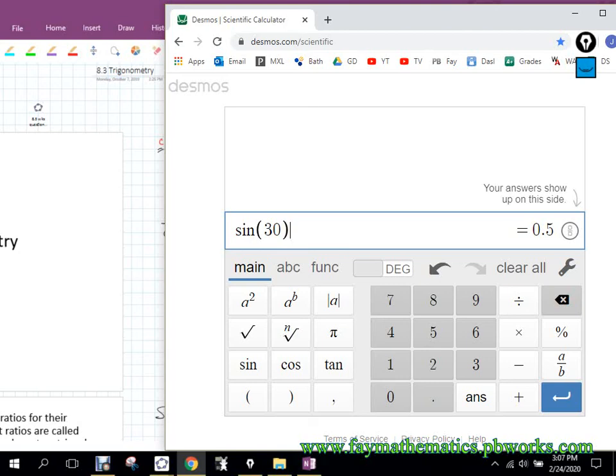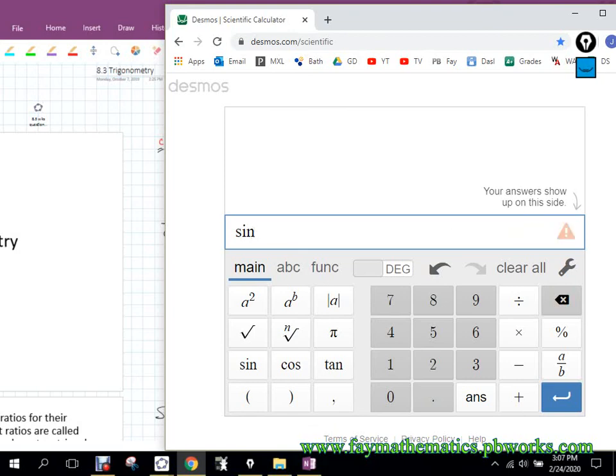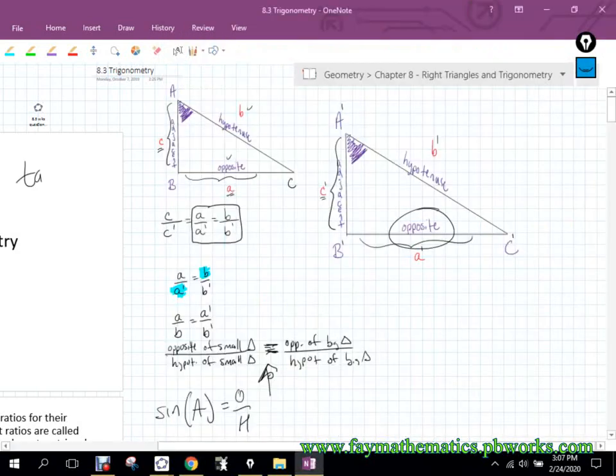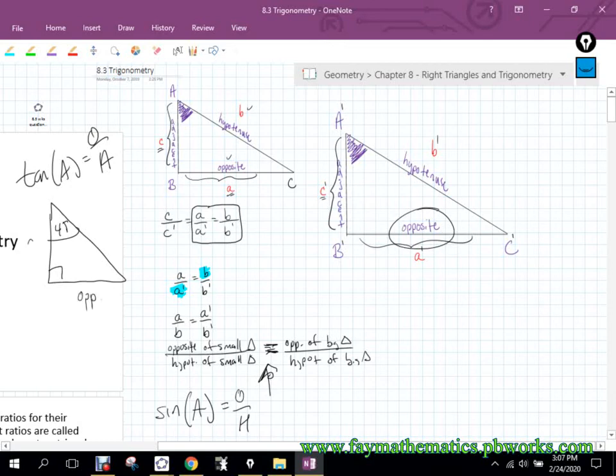Think about this. Tangent of an angle is equal to opposite over adjacent. That's the ratio. Let's say I put in a 45, 45, 90 triangle, and I want to focus on that 45-degree angle right there. Would you guys agree that that's opposite and that's adjacent?